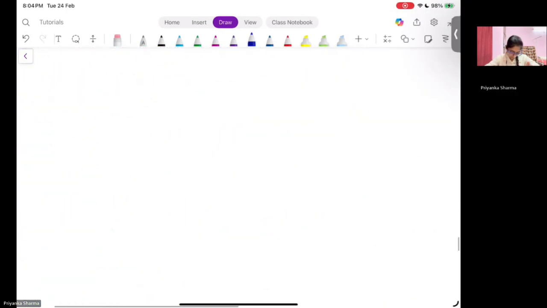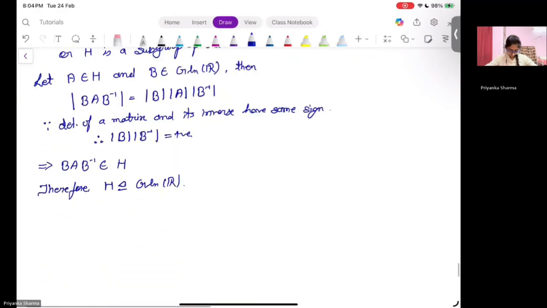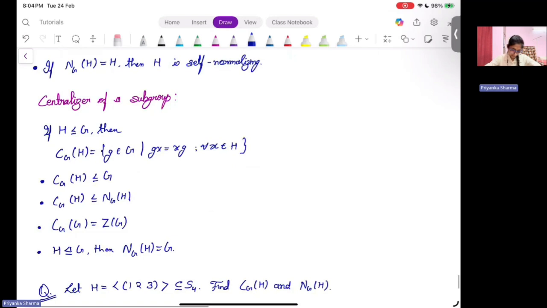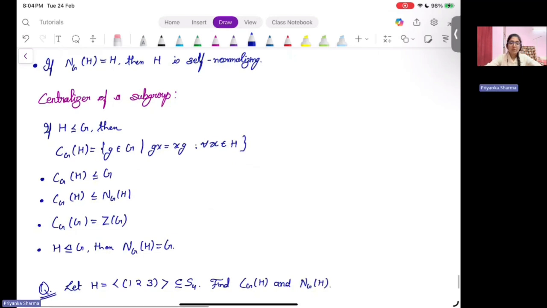Now, about the centralizer. If we have a group G and a subgroup, say H, then the centralizer, denoted by C_G(H), is the collection of all elements g belonging to G such that g x is x g.